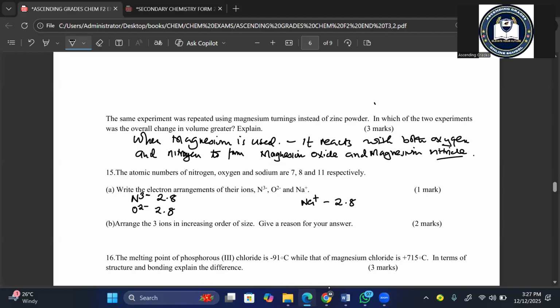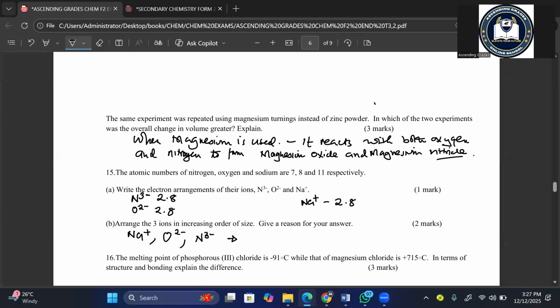Increasing order of the ions: we shall start with the sodium, followed by oxygen, followed by the nitrogen ion.